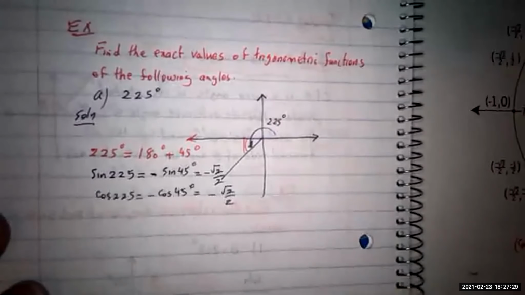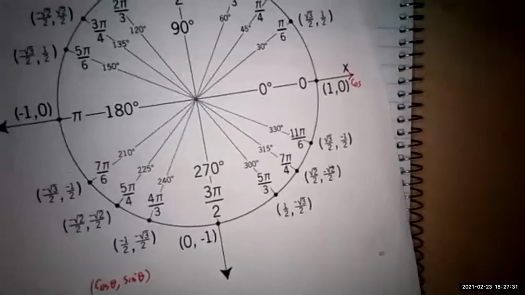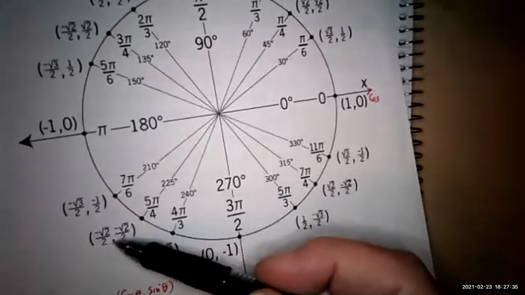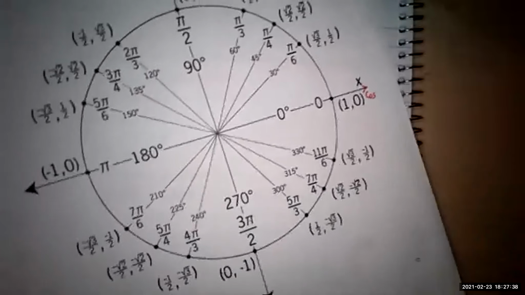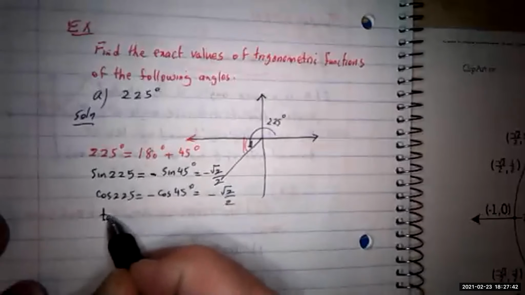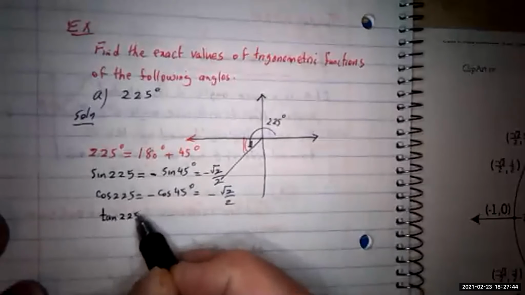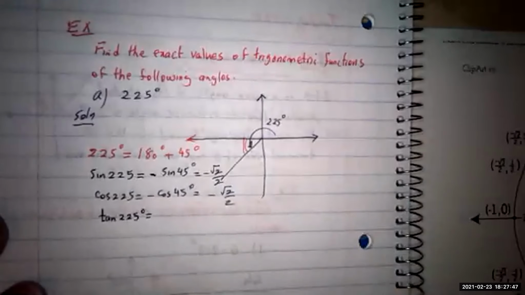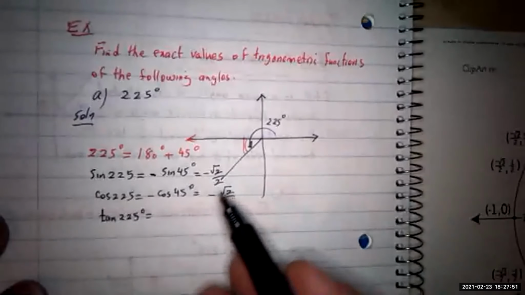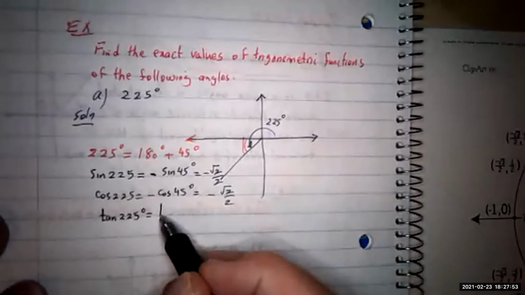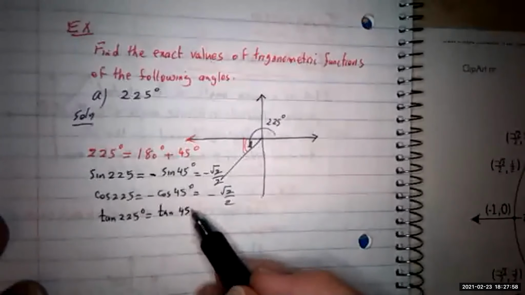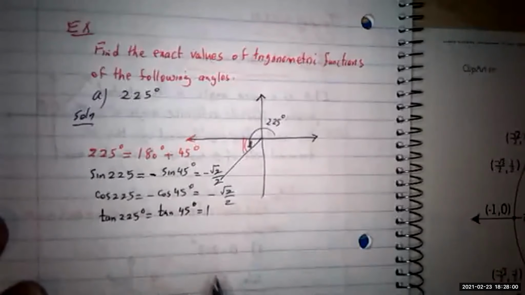Again, you have it on the table, and you can use this one also on the test. This is 225, and you have both of them already. Don't mind, it's nice to know. And the rest, you just divide for the tangent of 225, you divide these two. Again, tangent of 225 is positive. The tangent is the same as the tangent of that reference angle, and the tangent of 45 is equal to 1.